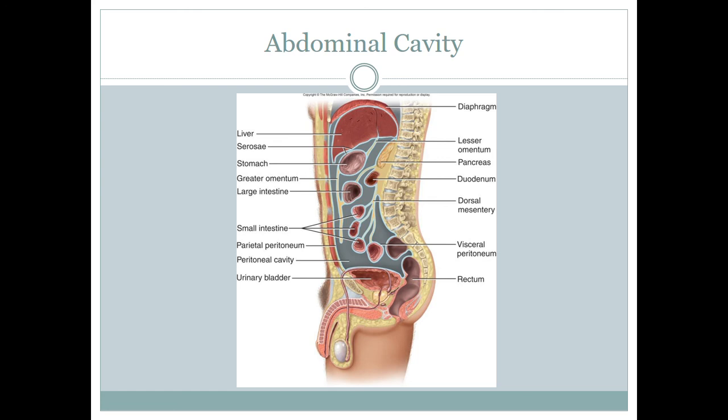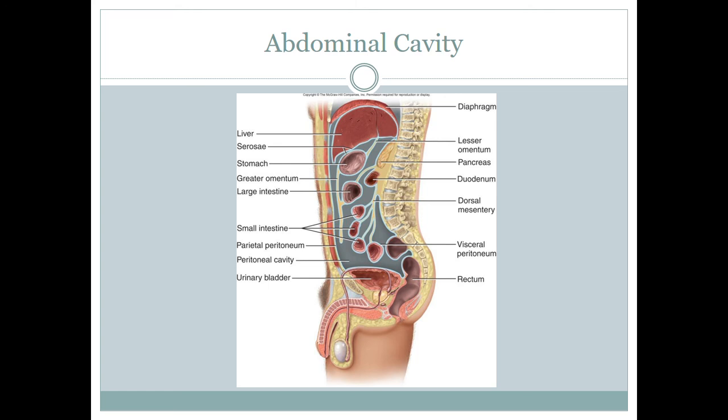And here you can see the mesentery a little bit better that connects the intestines to the body wall. Also, the stomach and the large intestine are held in place by mesenteries, which are continuous with the visceral and the parietal peritoneum.